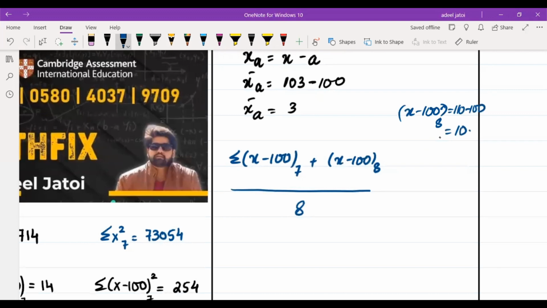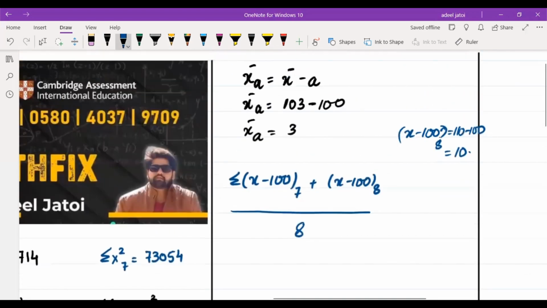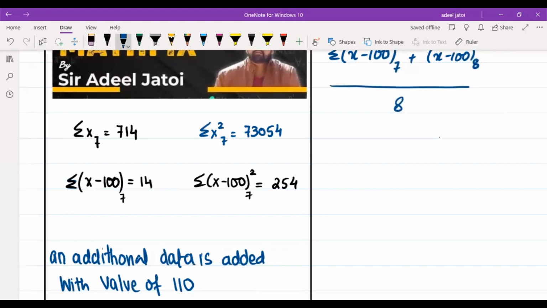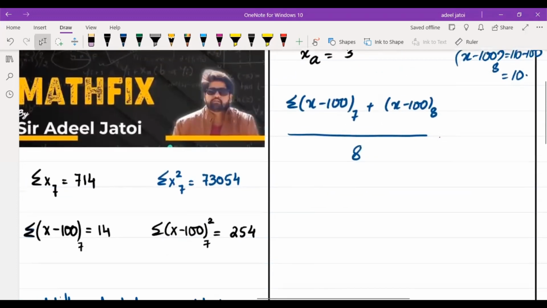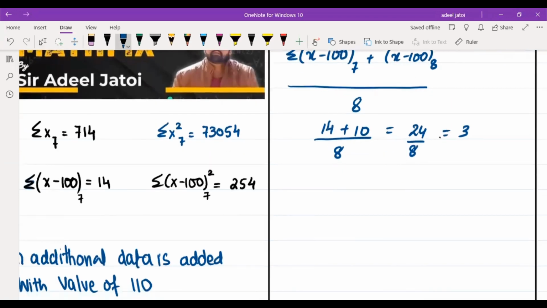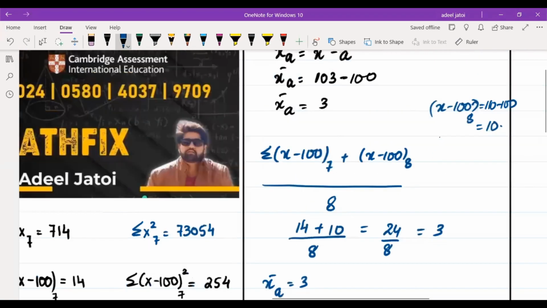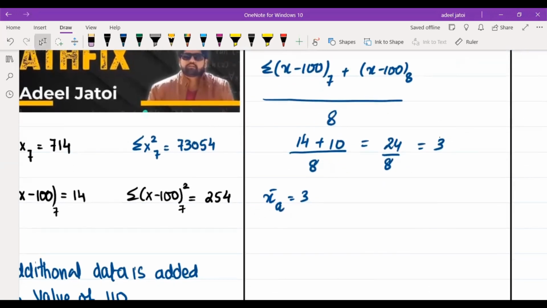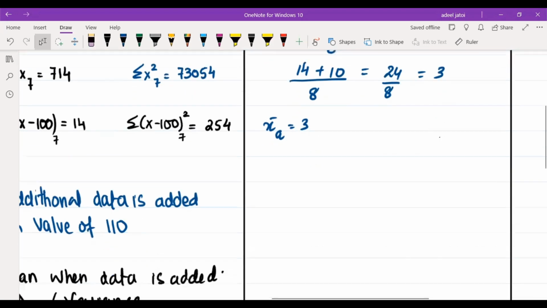So the answer will be 10. What we have here is that the sum of the 7 assumed data was 14. So 14 plus 10 upon 8, which is 24 upon 8, and 24 upon 8 is 3. So using the assumed data, we calculated the mean as 3, and using the formula, we calculated the assumed mean as 3 as well. So you can use it in both ways, through the formula or through the other way around.